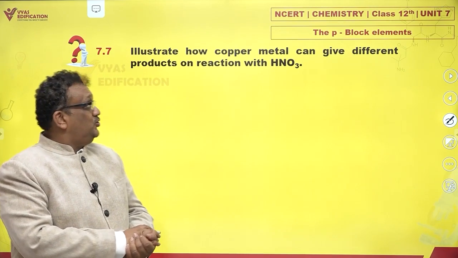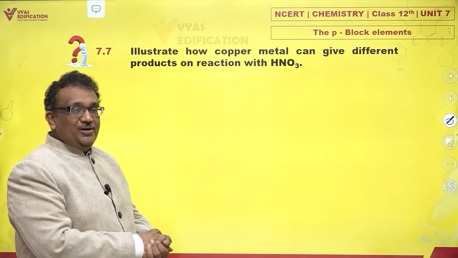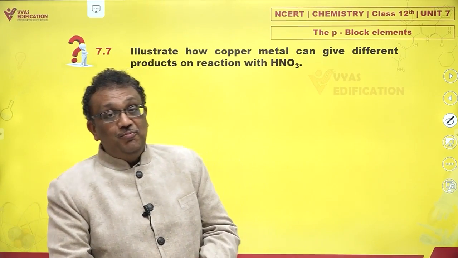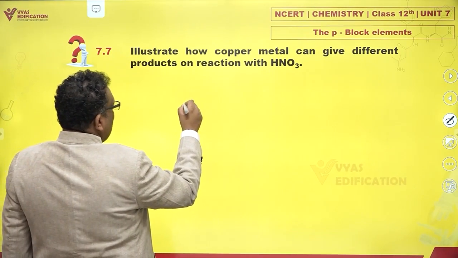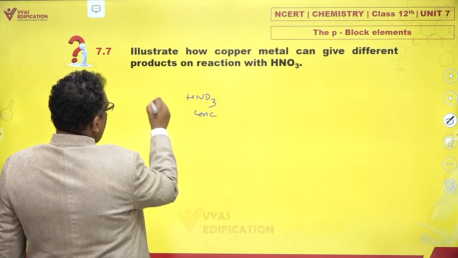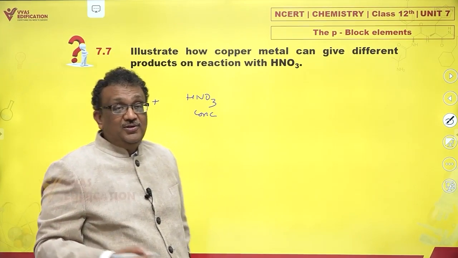And this brings us to the next question, which says, illustrate how copper metal can give different products on reaction with nitric acid. Now, this is very interesting and very important. How? There are two classic reactions. If you have concentrated HNO3, concentrated nitric acid, reacting with copper, you would get a different product.